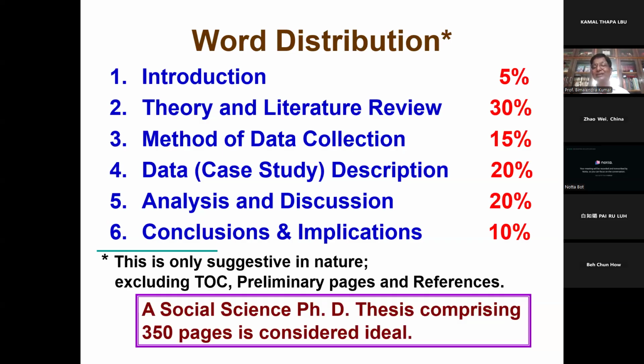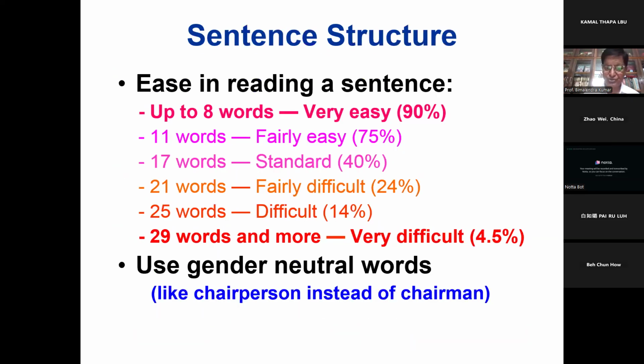Then the theory and literature review, 30%; method of data collection, 15%; data and case study description, 20%; analysis and discussion, 20%; conclusion and implications, 10%. So this is suggestive in nature. It can be changed as per the requirement of the dissertation also.